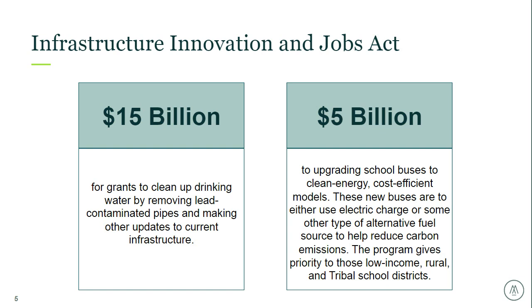It also includes setting aside at least $25 million per year for small and disadvantaged communities. There's also $5 billion dedicated to upgrading school buses to more clean energy, cost-efficient models and giving priority to the low-income, rural, and tribal school districts.